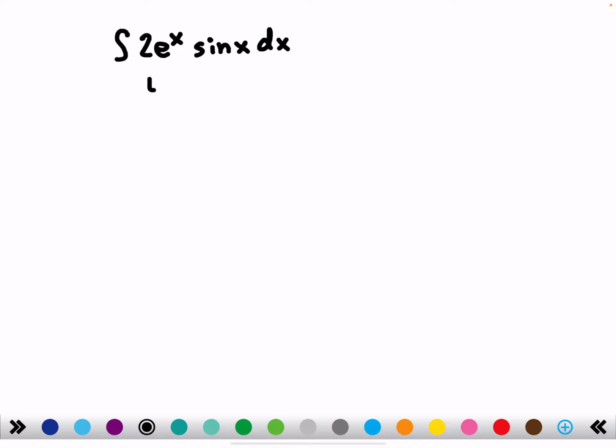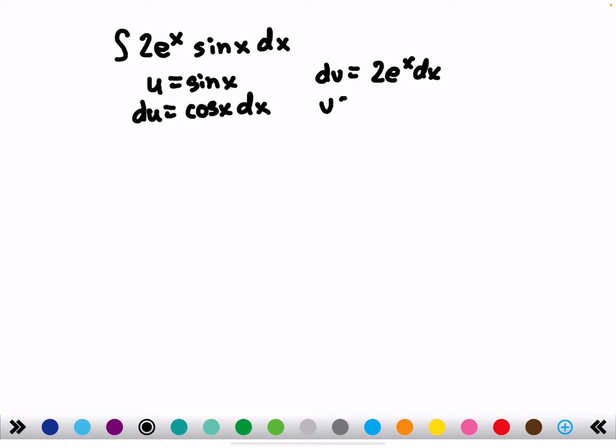So I'll let u equal sine x. du will be cosine x dx. dv equals 2e to the x dx. v will equal 2e to the power x. So this integral, remember the integral of u dv equals uv minus the integral of v du for integration by parts.